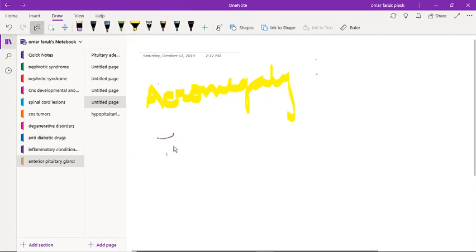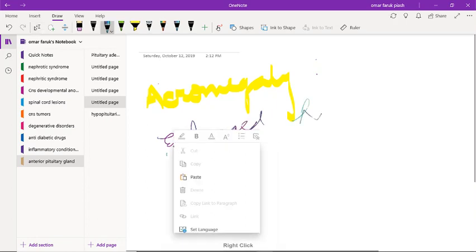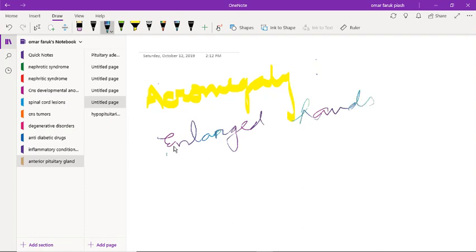There are enlarged hands and feet. And second, there is growth of the visceral organs.